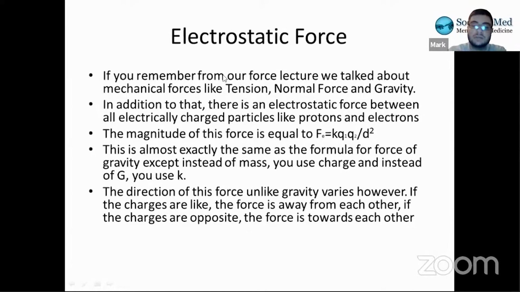If you were here for the mechanical force lecture, or if you just remember from your physics class, this is almost exactly the same as the formula for the force of gravity. Force of gravity is Fg equals big G, which was a constant, times M1 times M2 over R squared, where M1 and M2 are masses and R is the distance between the two objects.